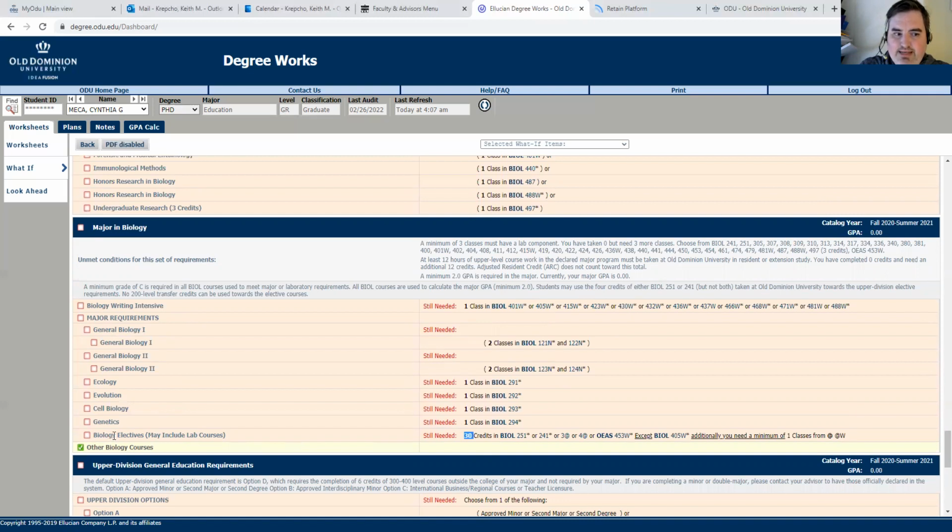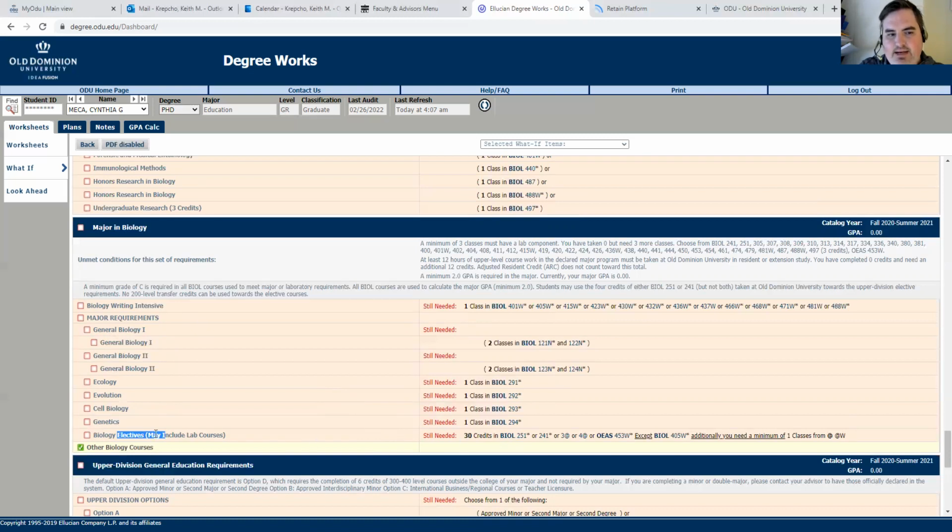And electives mean any biology class at the 300 to 400 level you could take to satisfy that. So once you do your 3 labs, you don't have to do any more labs. But labs might still work to reach that credit limit that you need more directly.